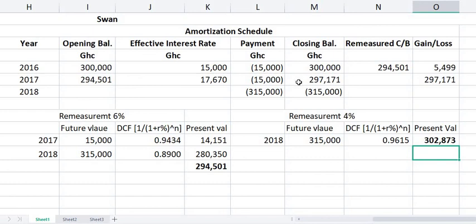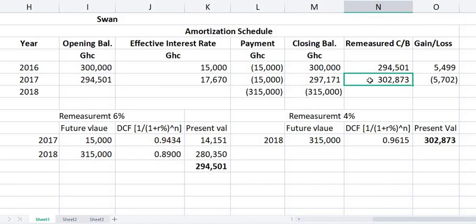Since the effective interest rate changed at the end of 2017, we need to remeasure the closing balance of 2017 using the changed effective interest rate, and that is equal to the present value of the unpaid coupon. So we have 302,873. We've remeasured it, so our closing balance for 2017 is now 302,873 because the effective interest rate changed.